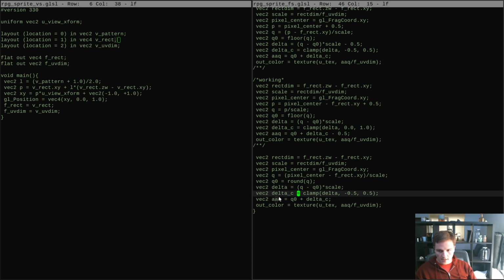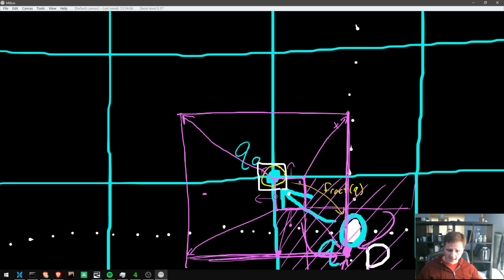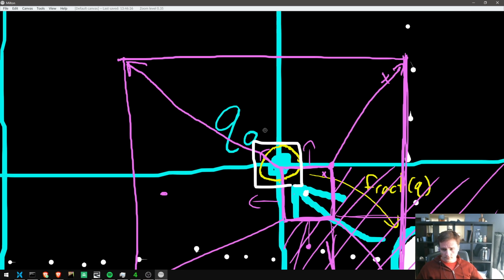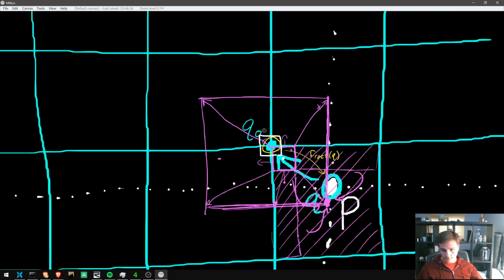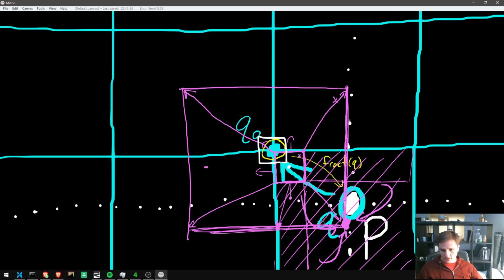But the clamping here is set up so that I can make it additive to something in texel space. So it's kind of a trick where it's in both. And I want to wrap my head around why that is and what it really means. What I think is happening is that Q, wherever it is, here it's right here. I probably need a new picture, but Q is somewhere.